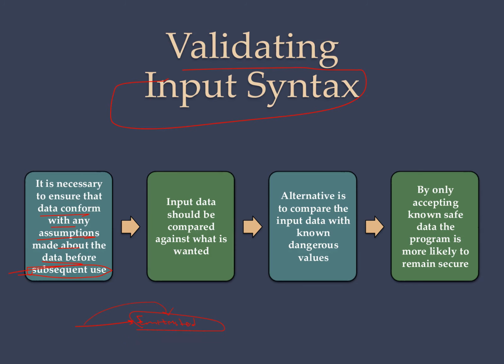And input data should be compared against what is wanted. This means that we can do two things: either make a blacklist or deny list, or an allow list.